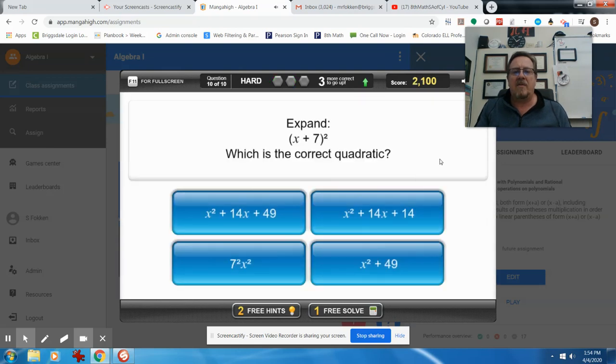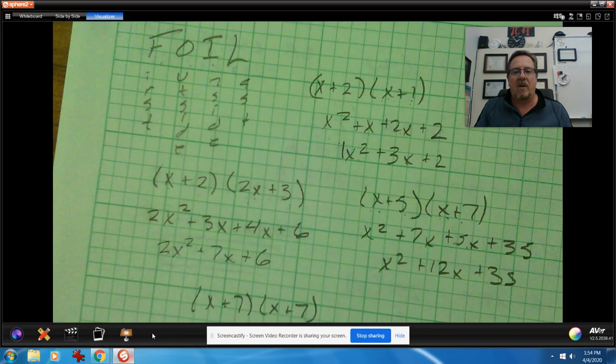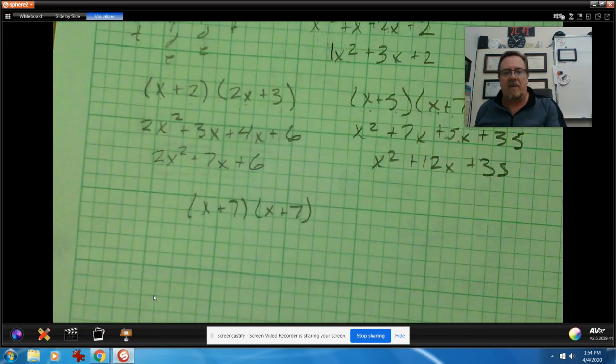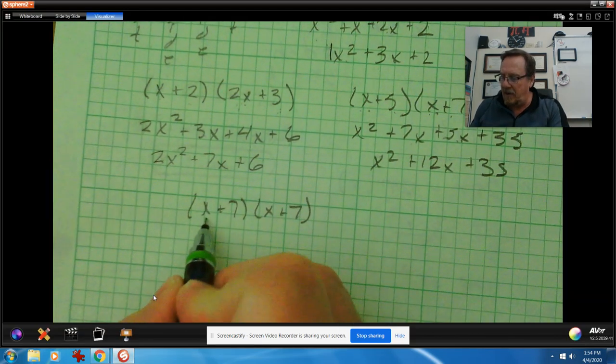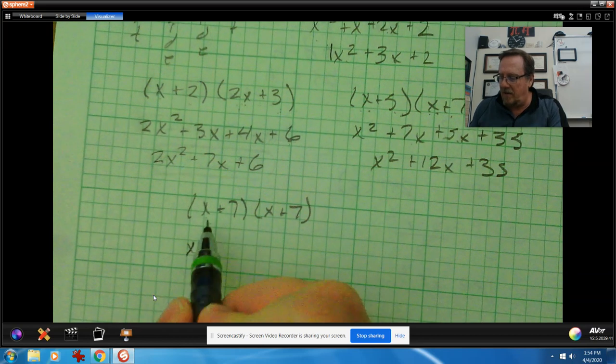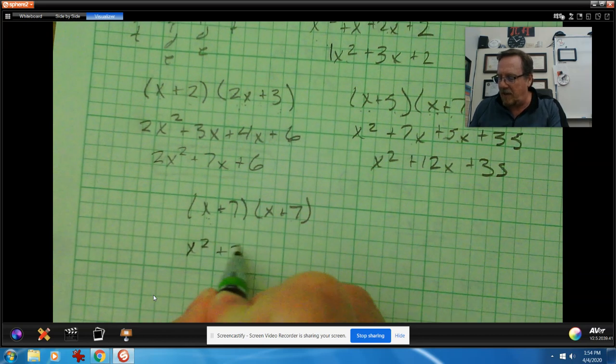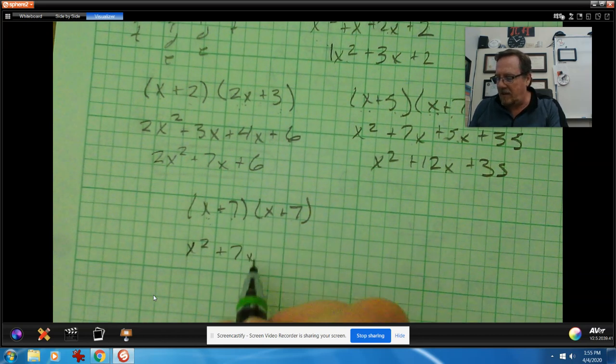Expand this. Well, let's do that. X plus 7 times itself. When we square something, it just means we multiply it by itself. So I'll show you what I'm working on here. I have x plus 7 times x plus 7. X times x is x squared. X times 7 is 7x. 7 times x is 7x.